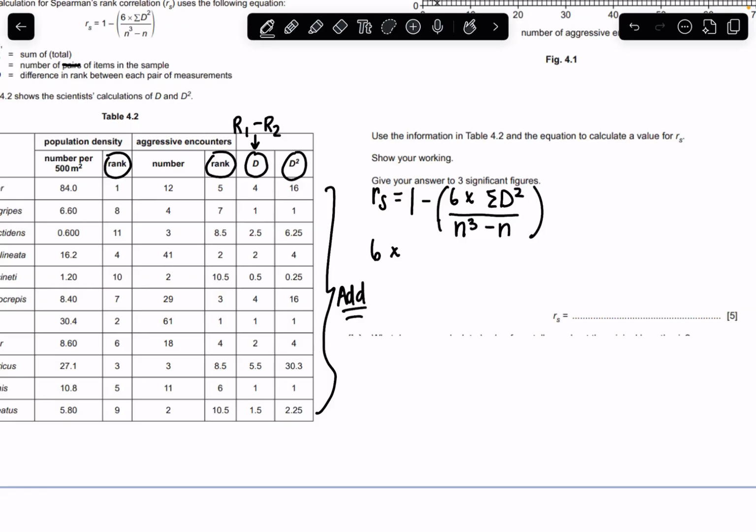When you add D squared, you're going to get 82.05. So the sum of D squared equals 82.05. That's adding all of D squared.